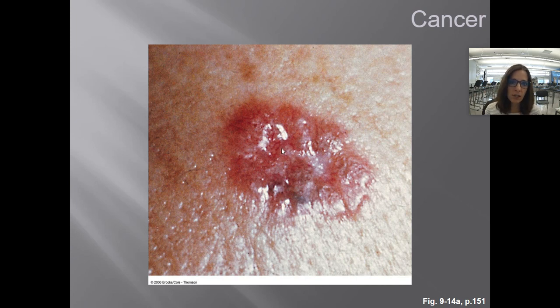I have a lot of moles, and so what you want to look for is you want to make sure that your moles are not getting bigger and changing. So if they change shape, size, or color, that's when you need to go to a dermatologist.